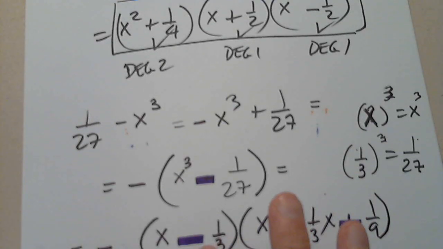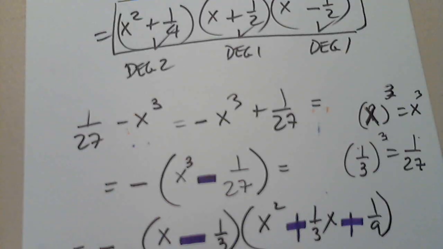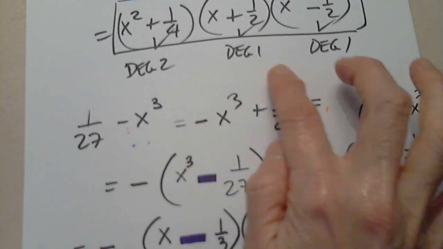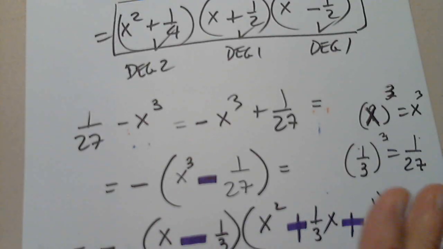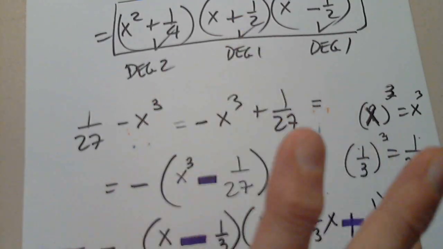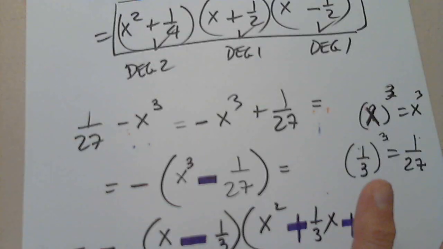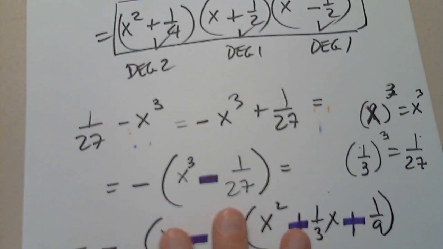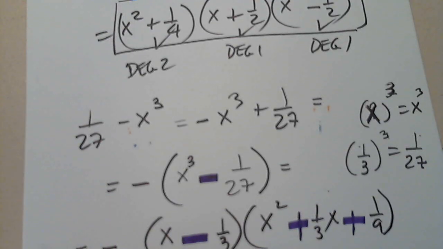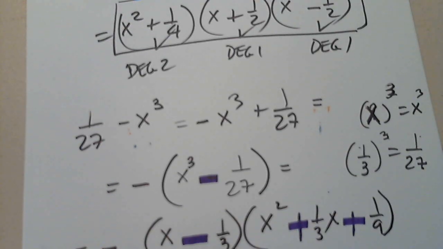Distribute x to these three terms, negative 1/3 to these three terms, and you will recover this for sure. Which means this binomial factors correctly into these factors: one factor, the second factor, and the third factor, negative 1.